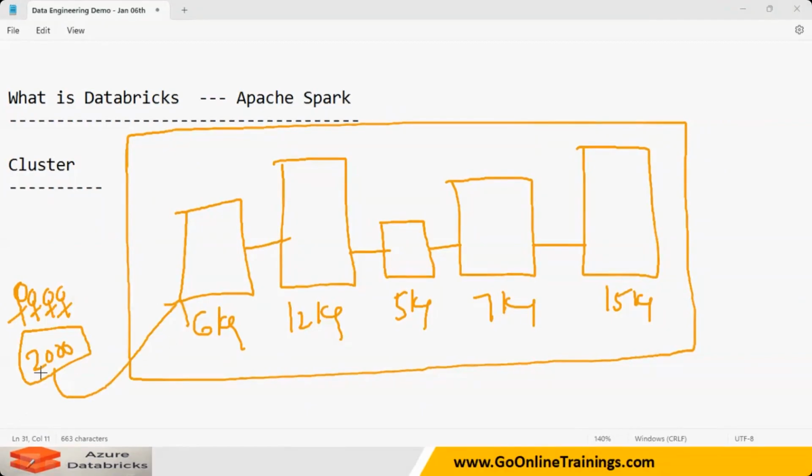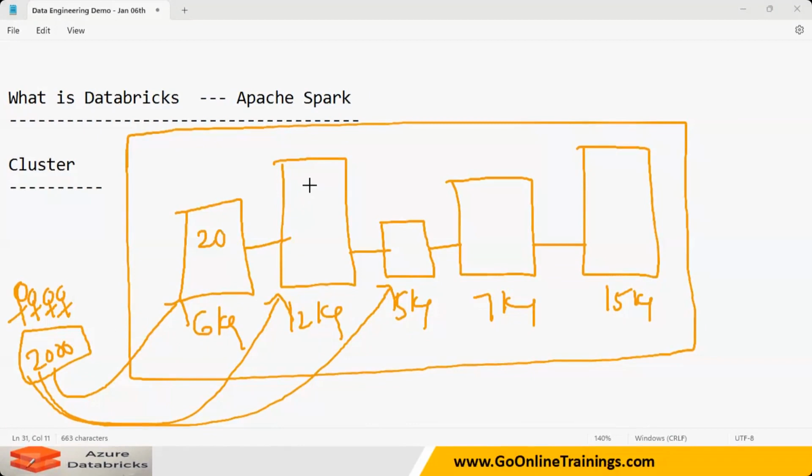The 2000 shirts you are going to be distributing across these machines. This one can take, let us say, 20 shirts. This may take more capacity, let us say, 100 or 150 shirts. This may be taking only 10 shirts. This may be taking, let us say, 30 or 40 shirts. This may be taking, let us say, 180 shirts. Like that, depending upon the capability, you are going to be distributing.